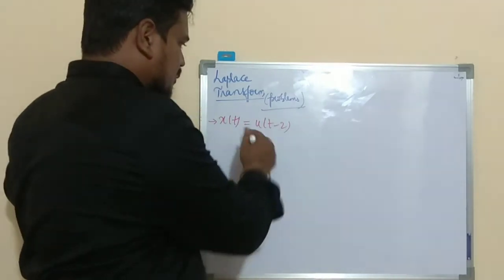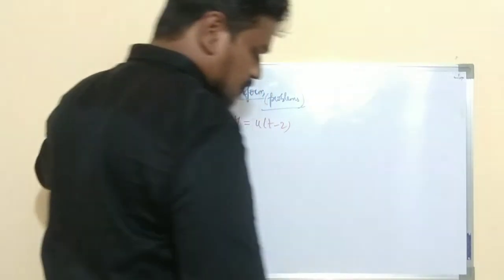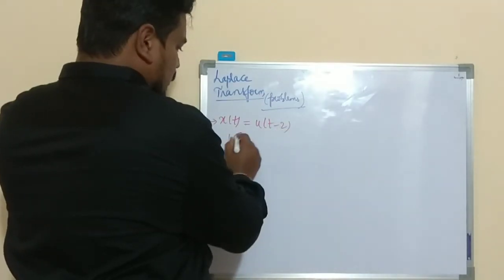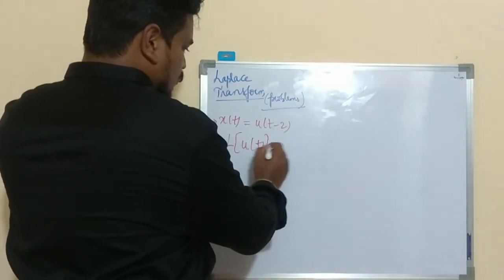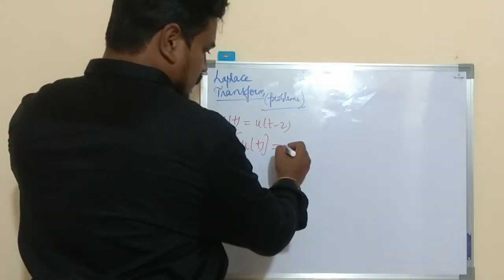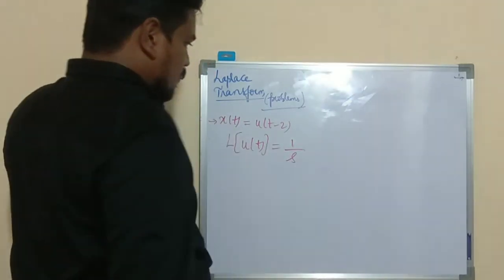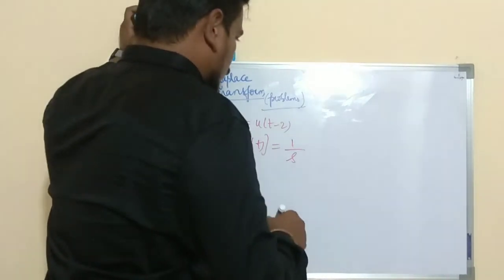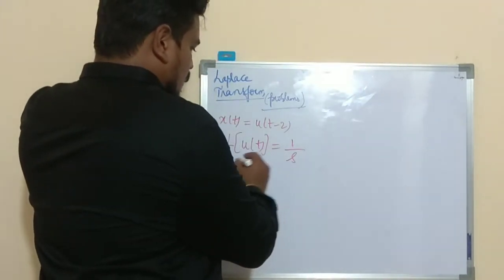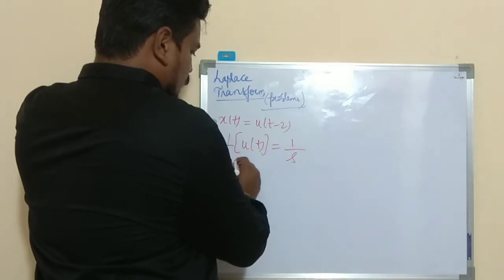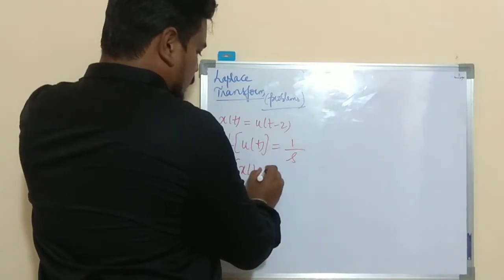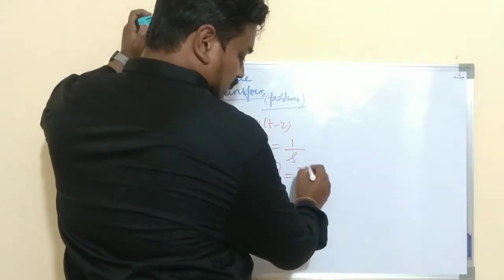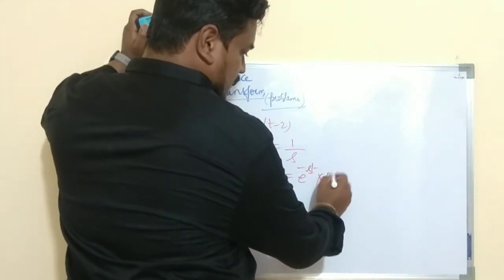The first problem is u of t. The Laplace transform of u of t has to be calculated. We already know that the Laplace transform of u of t is equal to 1 by s. Since you already know that, the Laplace transform of x of t minus t naught is equal to e power minus s t naught into X of s.